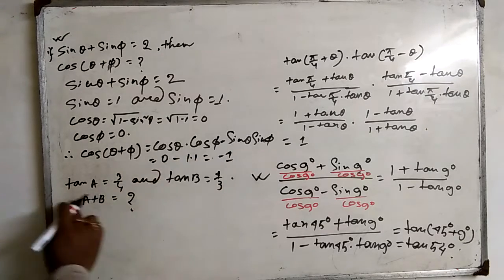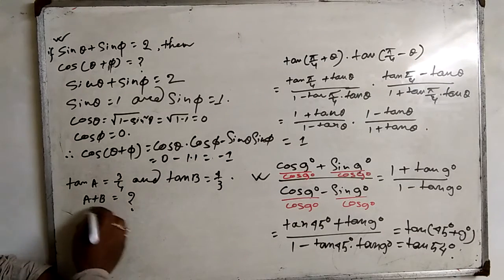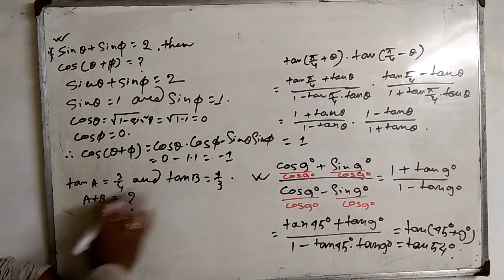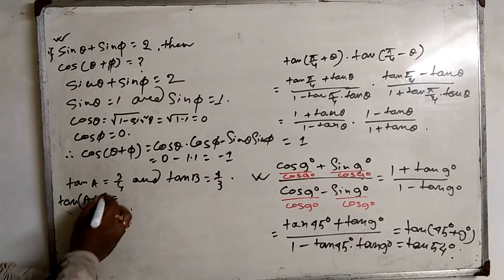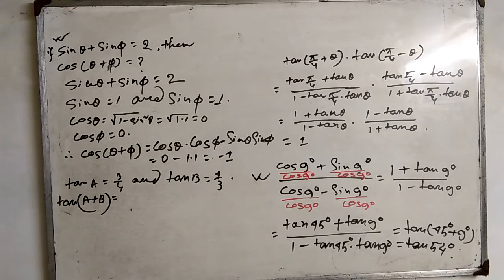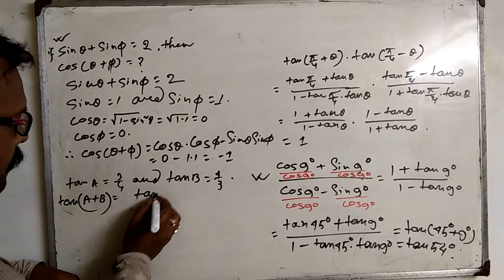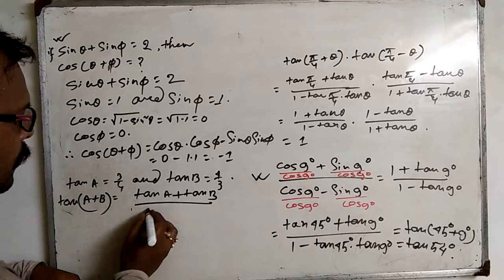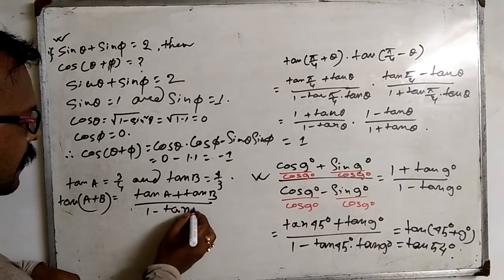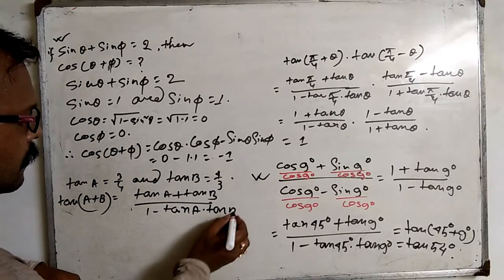Let's see the next problem: tan a equals 3 by 4, tan b equals 4 by 3, find a plus b. Start with tan of a plus b, which is tan a plus tan b, whole divided by 1 minus tan a into tan b.